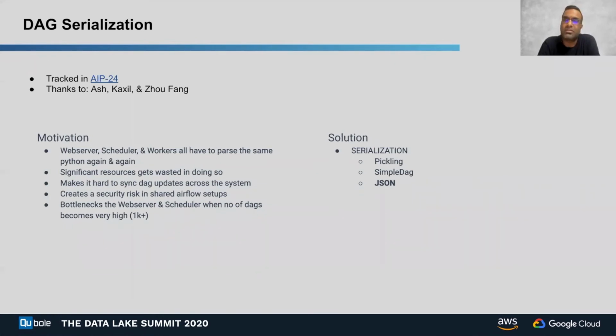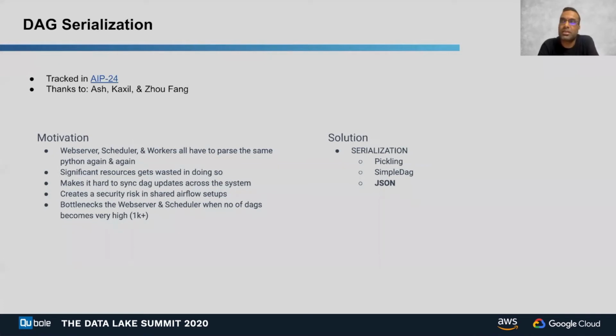Right now, Airflow has three major components, which we call web server, scheduler, and workers, and they all have to parse the same Python file again and again, because they all expect that all the DAG files should be available at a certain location, which we call the DAGs folder. This process parses them all. So the scheduler, let's say, doing its loop every 1 minute, has to parse that file every 1 minute.